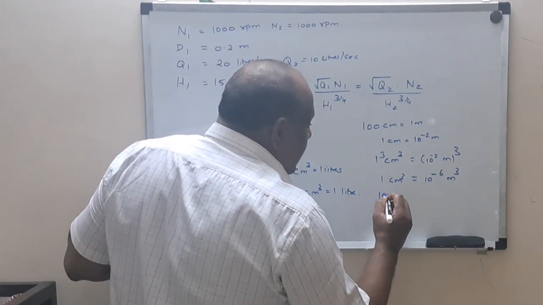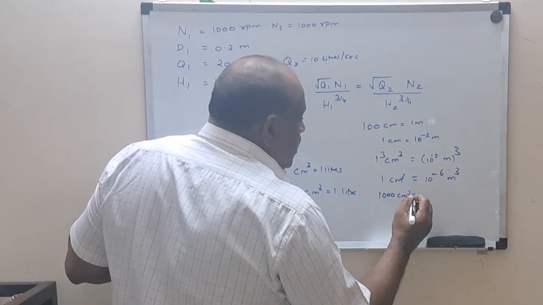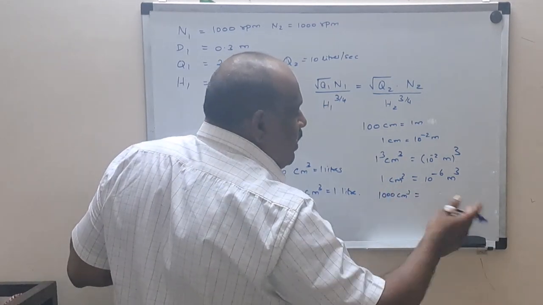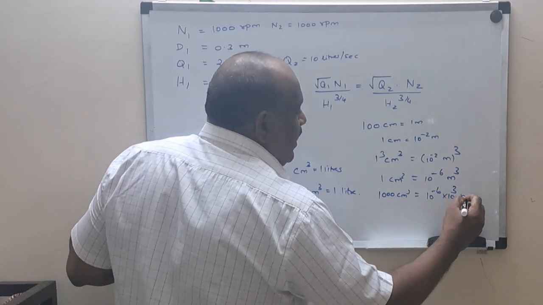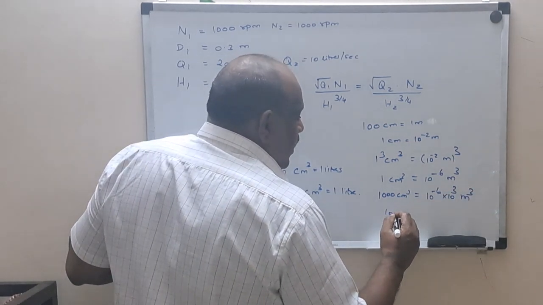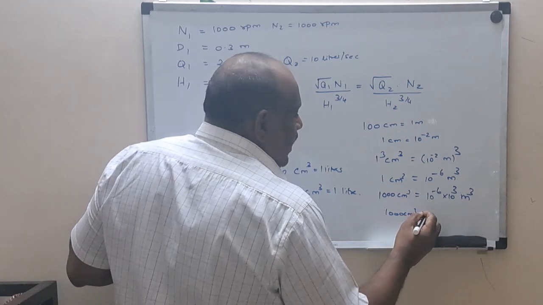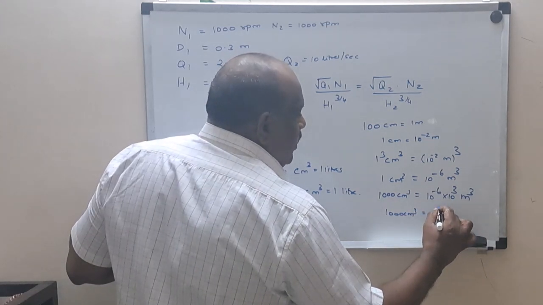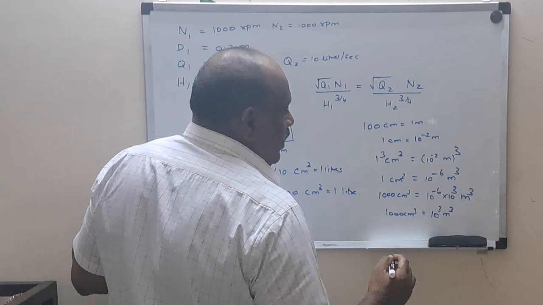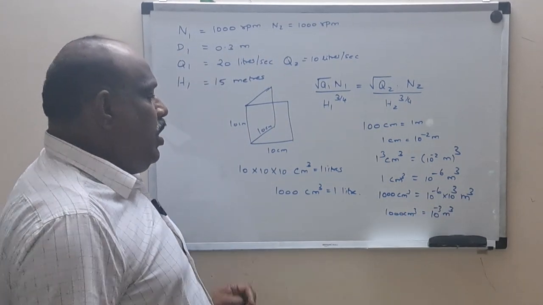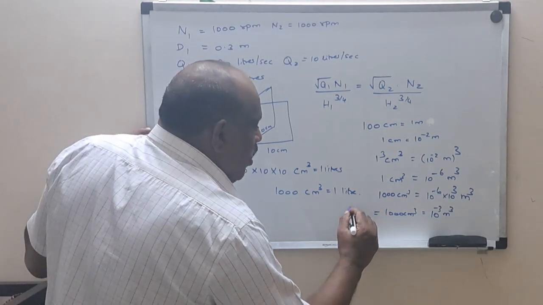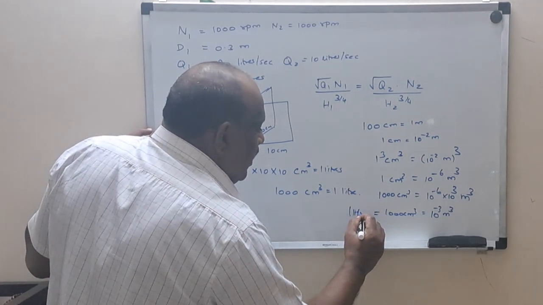I want 1000 centimeter cube, so multiply both sides by 1000: 10 power minus 6 into 10 power plus 3. The answer is 1000 centimeter cube equals 10 power minus 3 meter cube. So 1000 centimeter cube equals 1 liter.